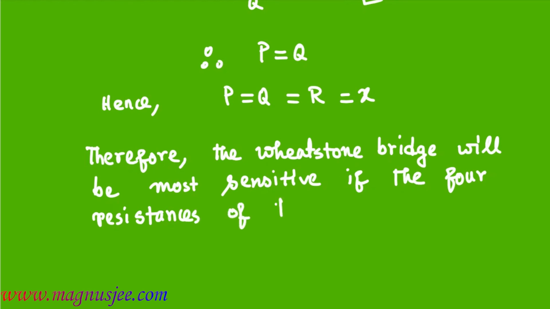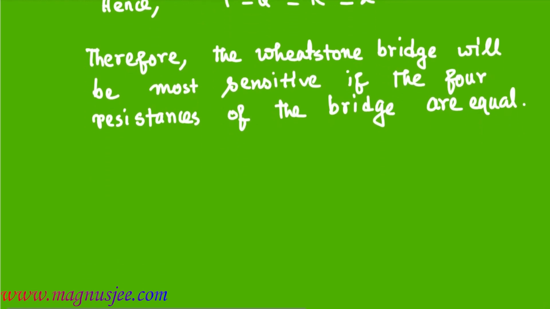Four resistances of the bridge are equal. That is the condition at which the Wheatstone Bridge becomes most sensitive, or sensitivity S becomes maximum.